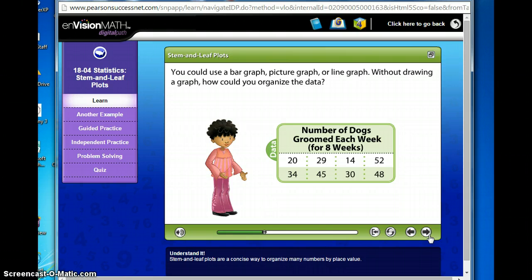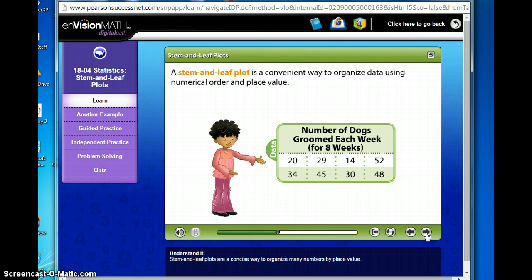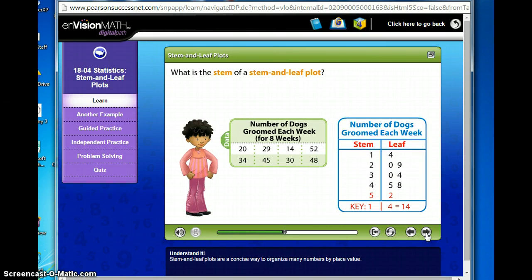But if you want to organize this data without drawing a graph, they're going to tell you about a stem and leaf plot. Without drawing a graph, you could organize the data in order from least to greatest. A stem and leaf plot is a convenient way to organize data using numerical order and place value. What is the stem of a stem and leaf plot?